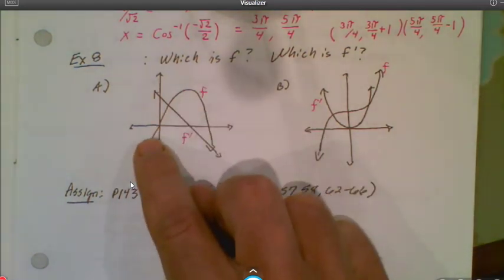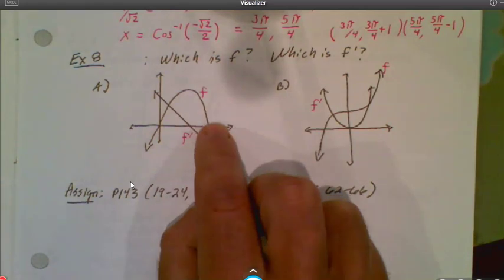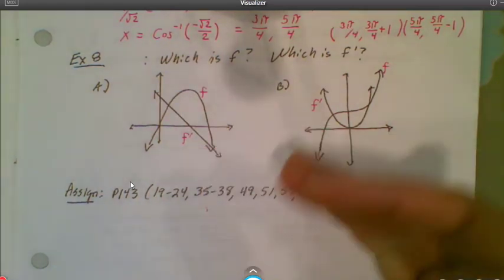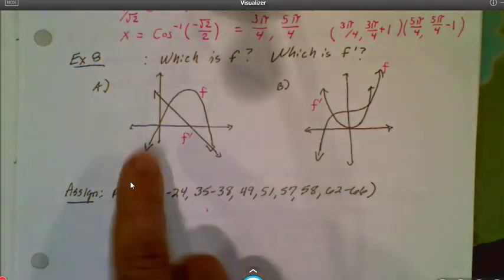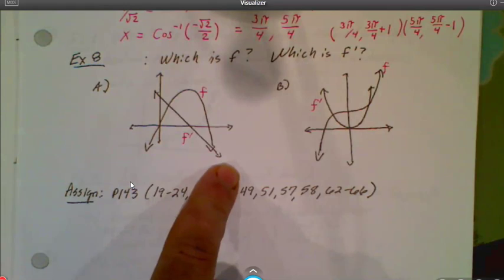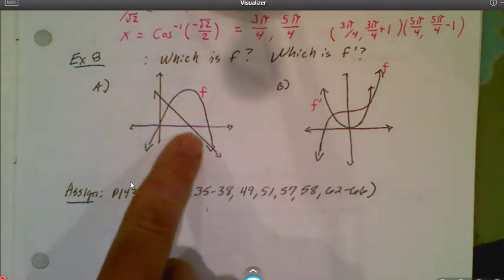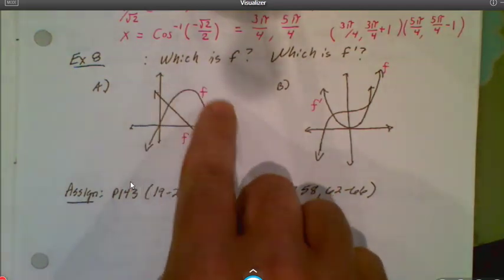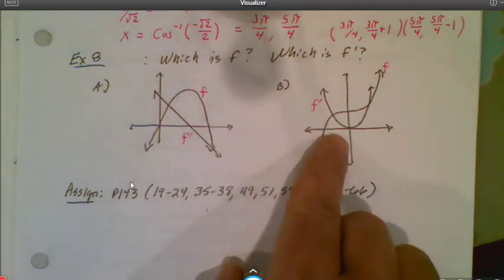So if my original function was a quadratic, right, it was x to the second, well, when I take the derivative, that's going to drop down to x to the first, which would be a linear function, right? And so this linear function represents the graph of the derivative function, and then this had to be the original.